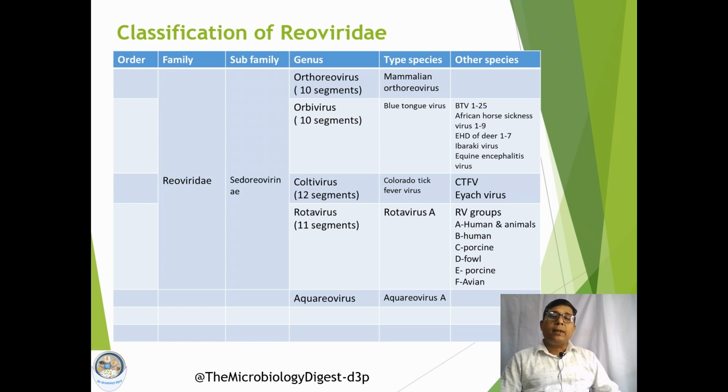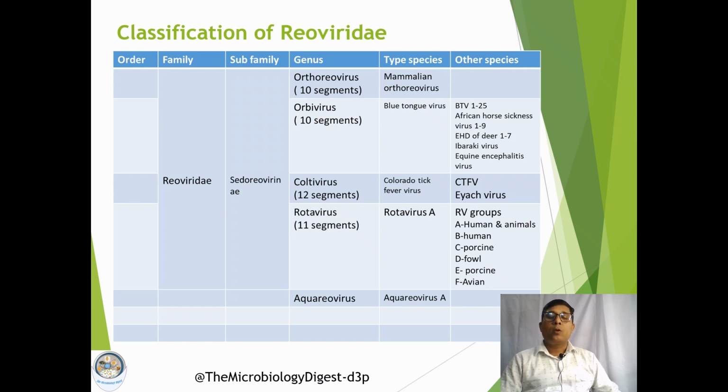So this is the detailed classification of Reoviridae. This family has one subfamily, Spinareovirinae, then 5 different genera. Orthoreovirus has 10 segments in its genome. Orbivirus, again 10 segments. Coltivirus, another genus, has 12 segments.